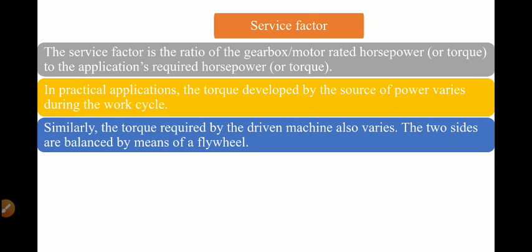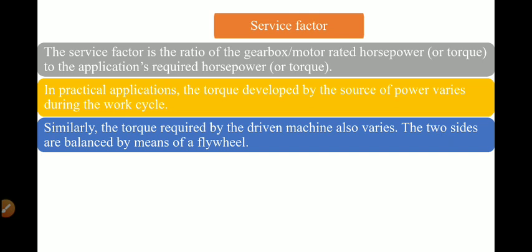Similarly, the torque required by the driven machine also varies. So torque varies both by the source as well as with respect to the driven machine. When the source we are considering is an electric motor, then electricity variation may create some torque variation as per the cycle, and the driven machine depends on loading and unloading condition, so fluctuation in the torque will get induced.